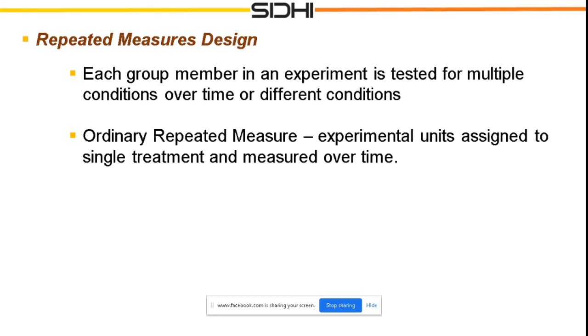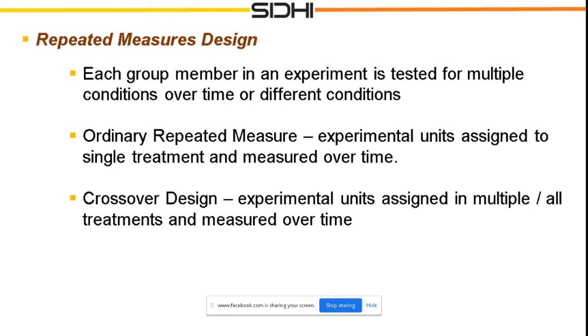You are repeating the measure of one experimental unit over time, and you are only having a single treatment. The crossover design is that your experimental units are assigned to multiple or all treatments and are measured over time. This is more applicable if you are conducting, for example, a clinical trial.